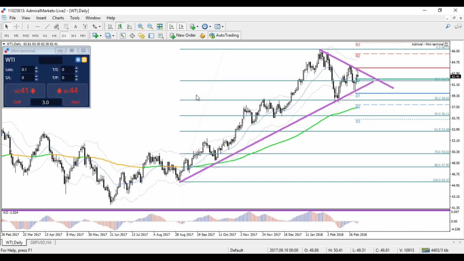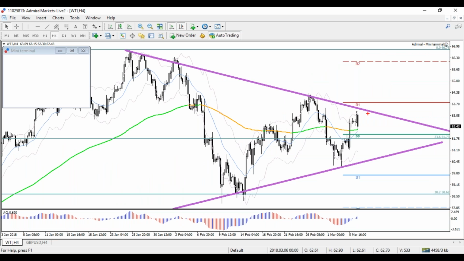Anyone who's looking to trade, I'm not really trading oil, but if I would, I'd be looking for probably a daily candle below. It's a good close, need a low, and close below the S1 probably. Upside, I would probably require a 4-hour candle to break above the R1 and trend line.